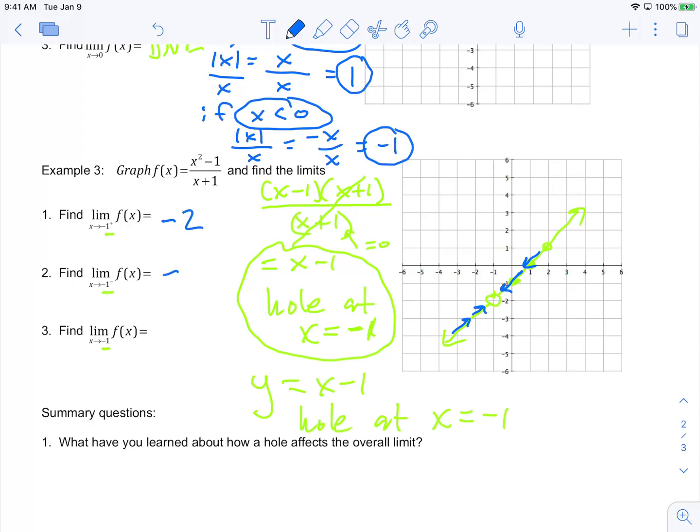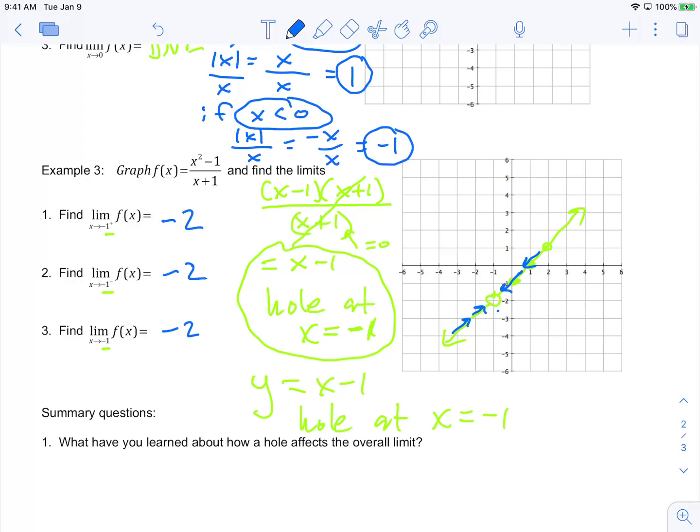We're still heading to the same location, y equals -2. And so now for number 3, even though there's a hole at x equals -1, since the limit from the left and the right are the same, we're going to say that this limit also is equal to -2. Okay, so that's how you would do it graphically.